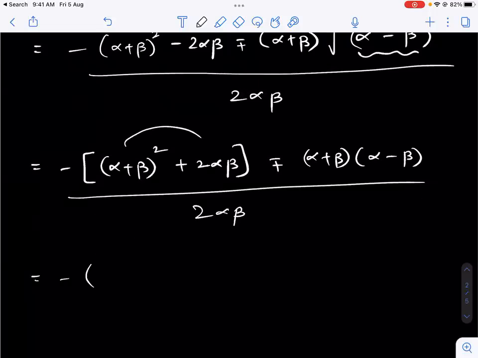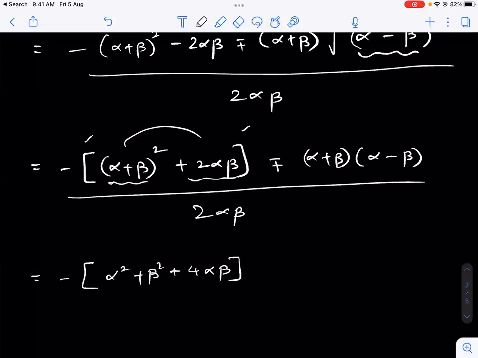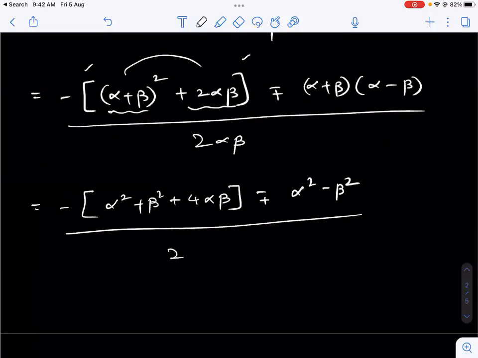Minus of alpha square plus beta square plus 4 alpha beta. In a square plus b square plus 2ab, the extra 2ab is already there. I'm talking only about this bracket one. Minus or plus (alpha plus beta) into (alpha minus beta) is alpha square minus beta square, divided by 2 alpha beta. Is that clear?